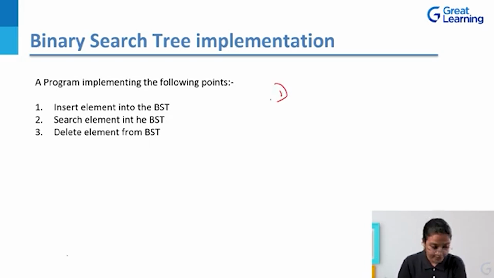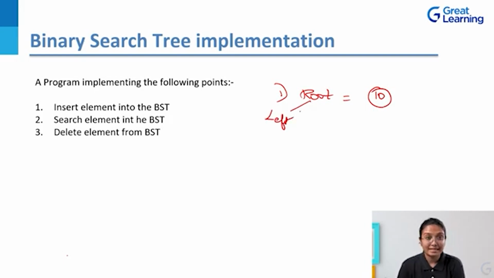I'll give you a simple example of a binary search tree keeping these conditions in mind. The first condition I told you is that the root node should be taken into consideration. For example, the root node is 10. Anything below 10 should come towards the left side of the root node. Anything above 10, like 11, 12, 13 and so on, should come towards the right side.